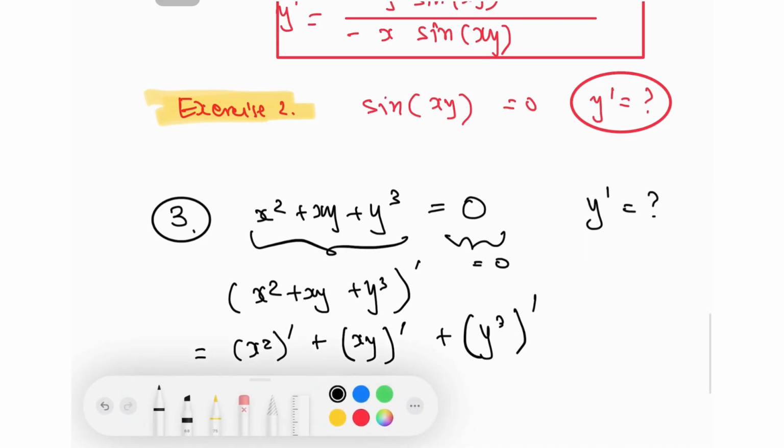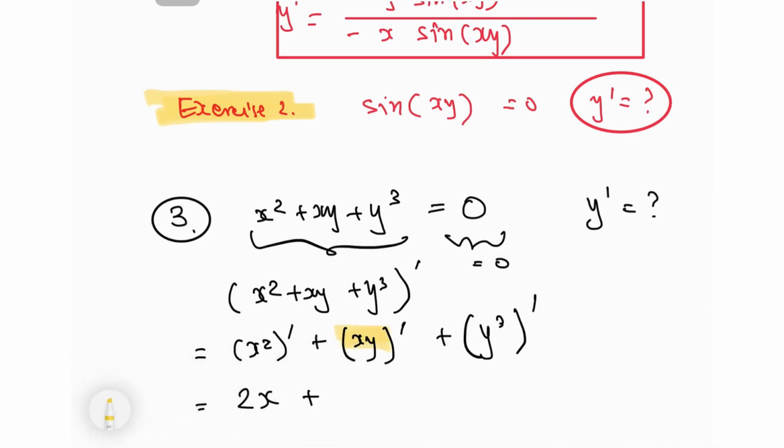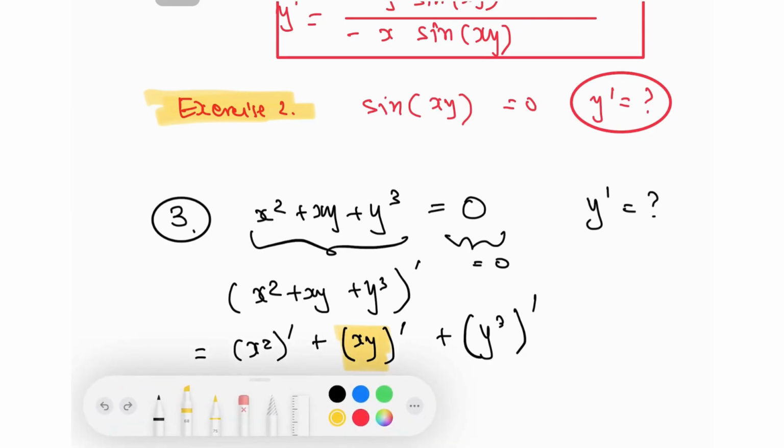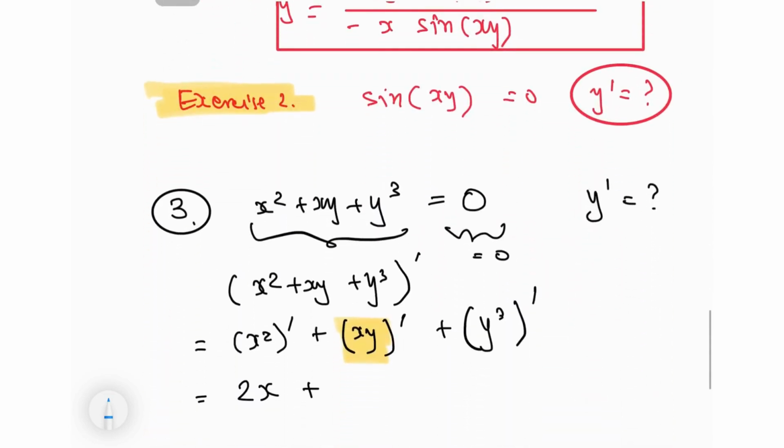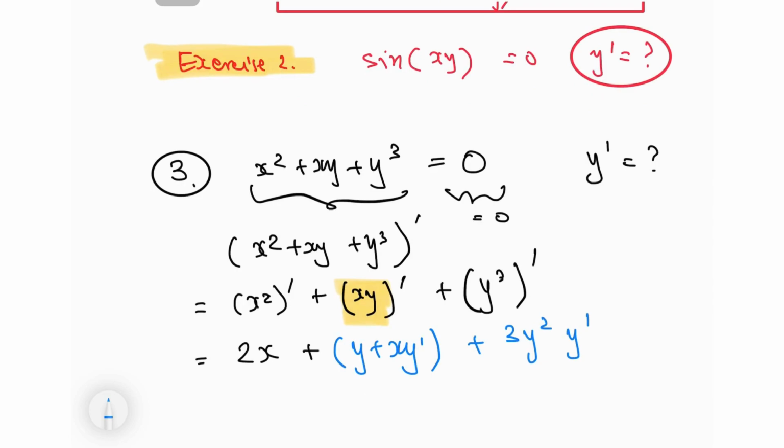This, if you recall from above, is y plus xy prime, plus 3y squared times y prime as a chain rule.